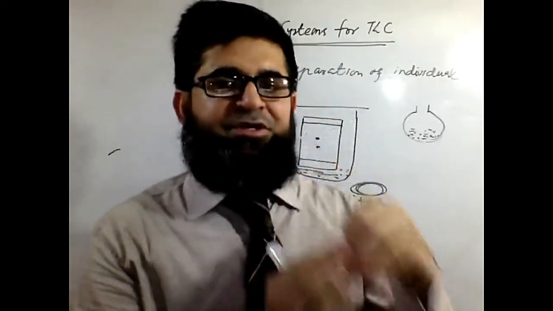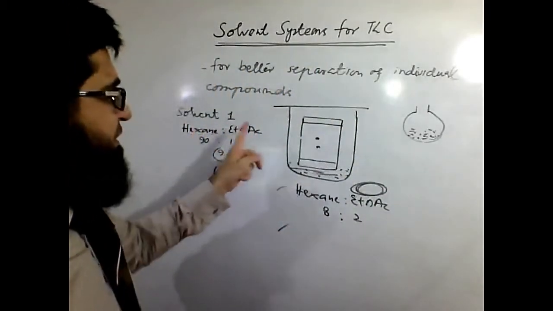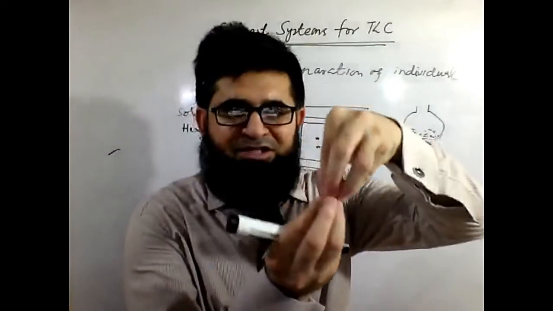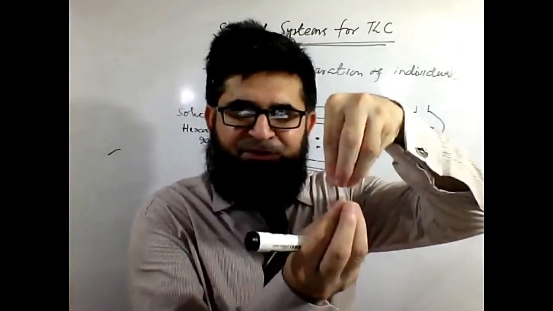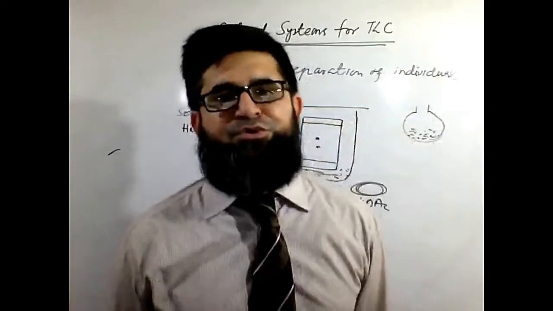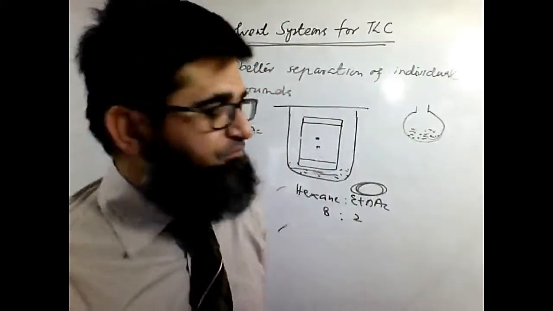Once we used hexane and ethyl acetate in a 90-10 ratio, the components started separating from each other. However, the distance between the two was a bit small. They were very close to each other, so it was relatively hard to separate them.